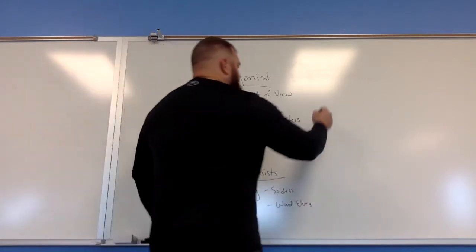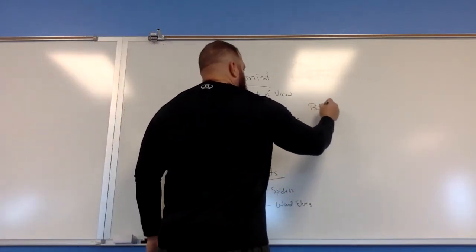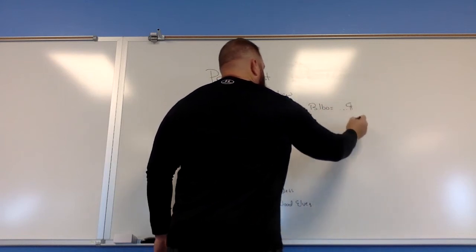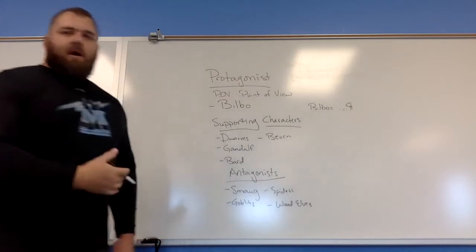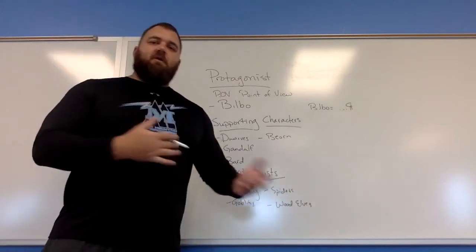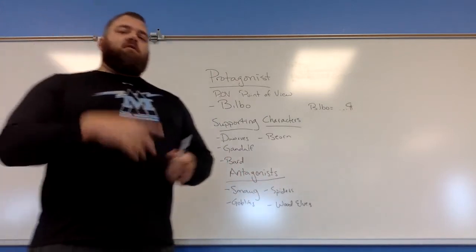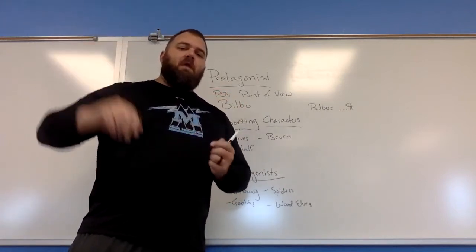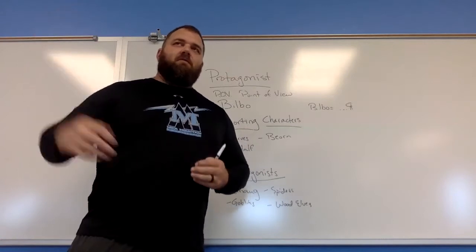So I would say, here's Bilbo over here, and I would list a paragraph or two about who Bilbo is at the very beginning of my manuscript. And so as I'm writing, there's always something that I can reference back to.